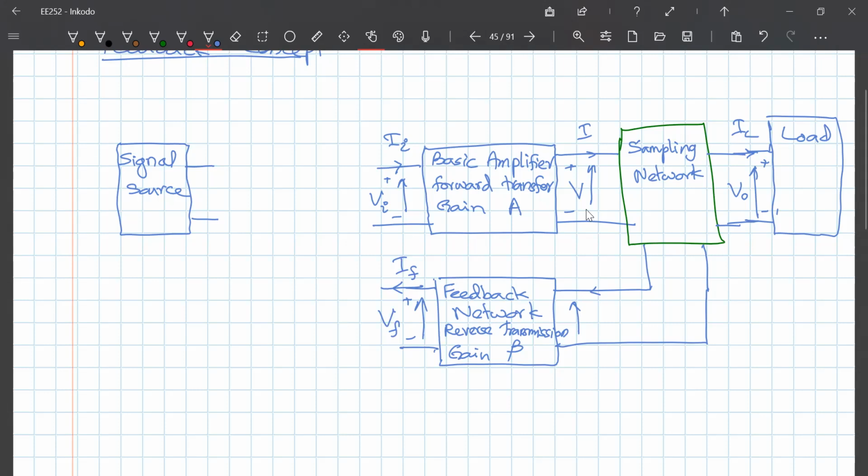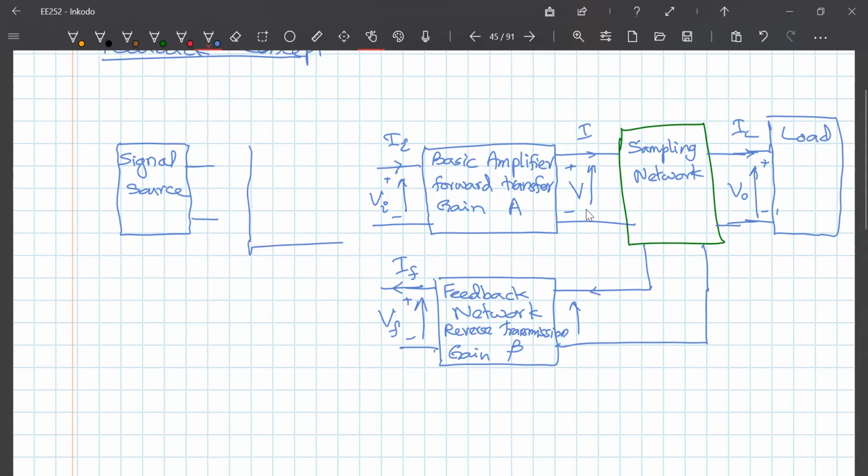If the input is current and output is also current, then beta is a scalar. Similarly, if the input is a voltage and output is also a voltage from this network, again beta is a scalar. But if the input is a voltage but the output is a current, then it will have some units, right?